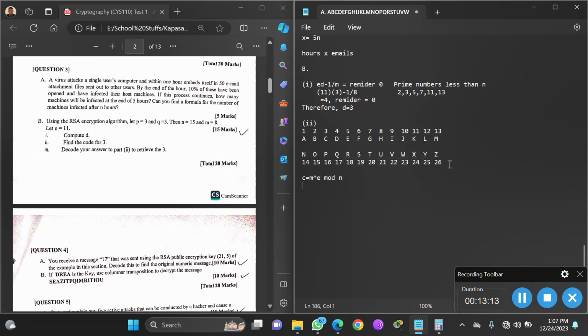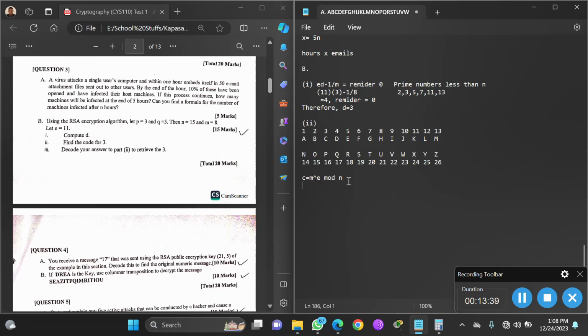Let me explain the formula first. This C you are seeing represents the cipher, where we are supposed to get the outcome when we encrypt the code, which is 3. Then M represents the letter which is being encrypted. In our case, it's C, because we are at 3. Then E represents the encryption algorithm for this process.